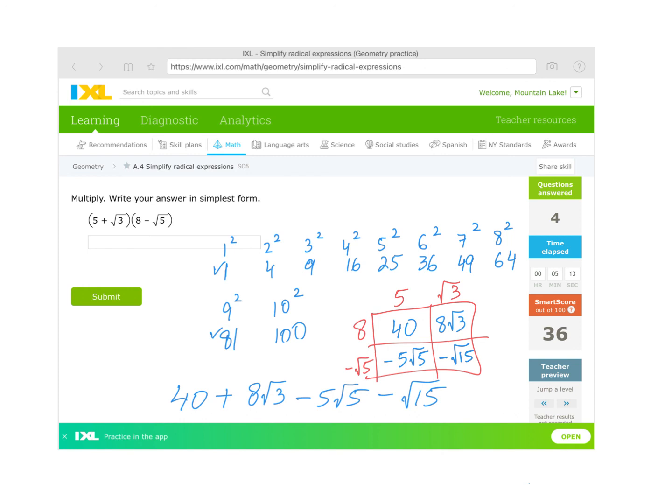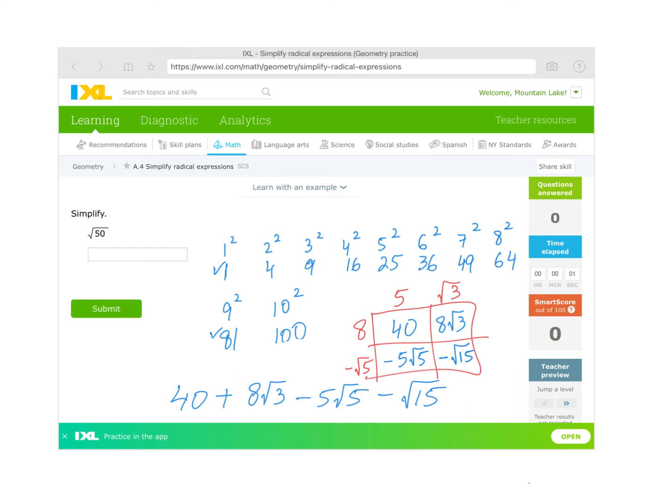So this is what we would get. This can't be simplified further. We can't simplify this any further. Something with the update. But that's how you would do it. If you see parentheses and you see a square, just solve it that way. All right, good luck, guys.